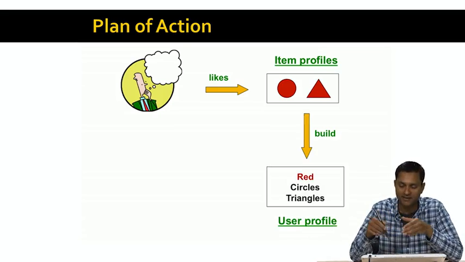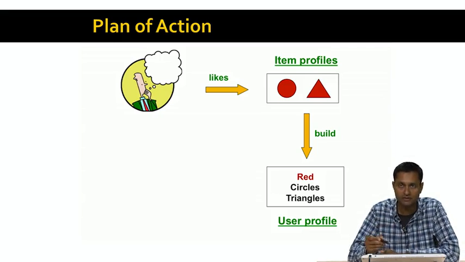And from these item profiles, we are going to infer a user profile. The user profile infers the likes of the user from the profiles of the items the user likes. Because the user here likes a red circle and a red triangle, we infer that the user likes the color red. They like circles and they like triangles.